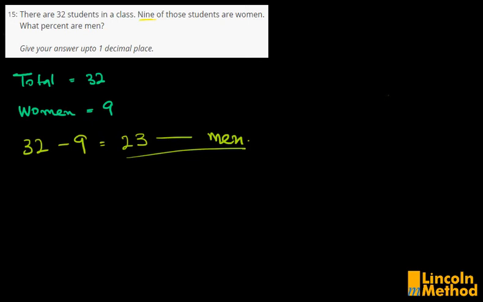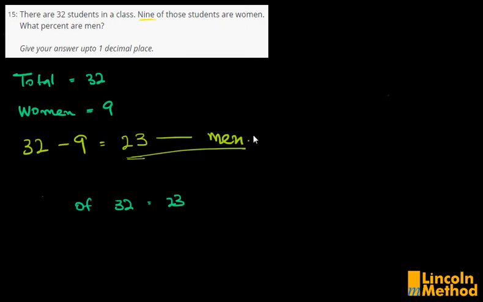Now since we have the total count of men in the class, let's see if we can use this to find out the percentage of men in the class. So out of the 32 students, 23 are men. We don't know what percentage this is.